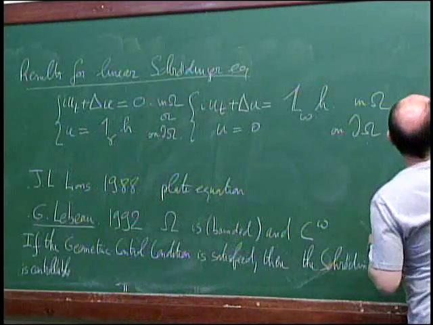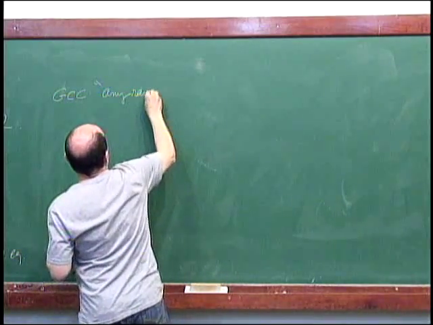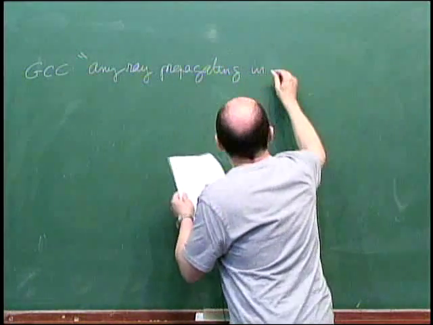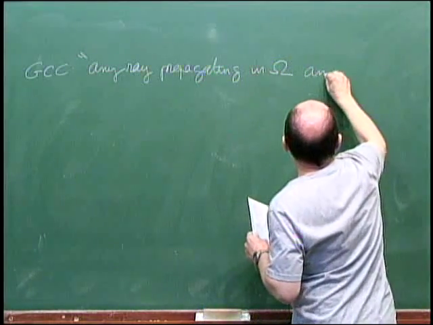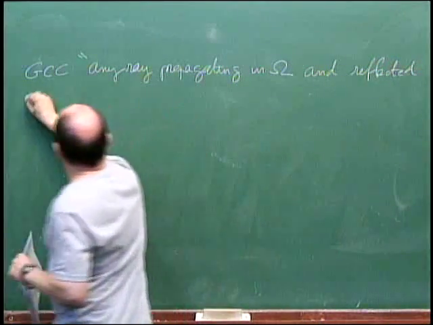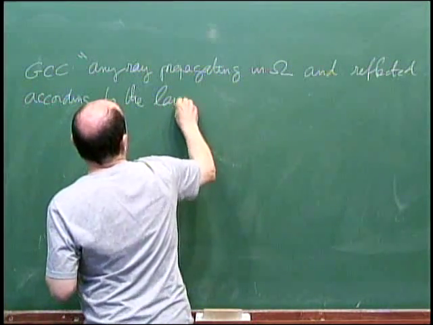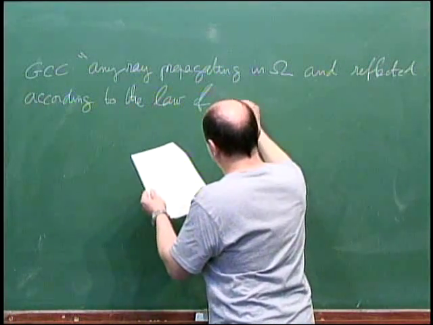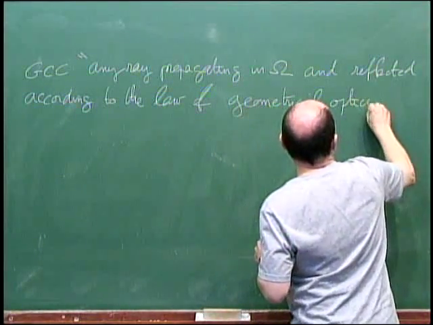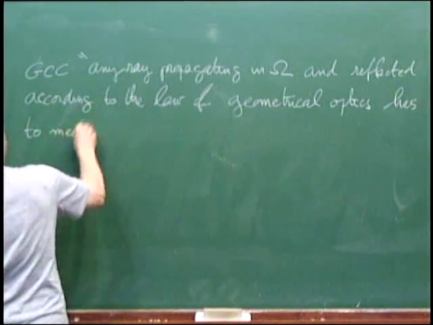So what is the geometric control condition? It tells you that any ray propagating in omega and reflected according to the laws of geometrical optics, so each ray like this has to meet the control region.